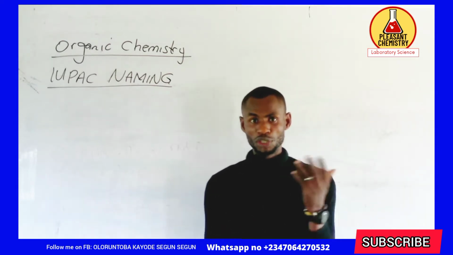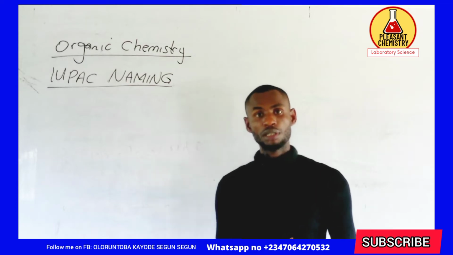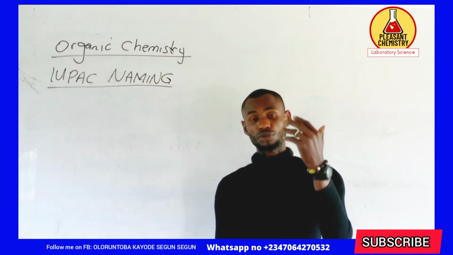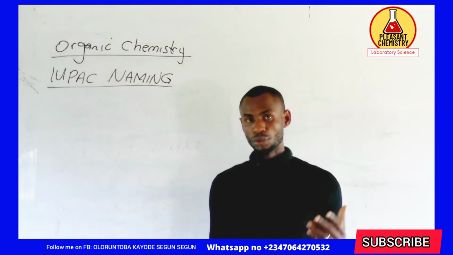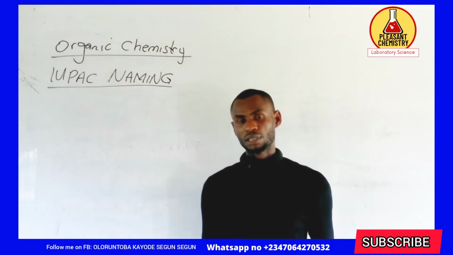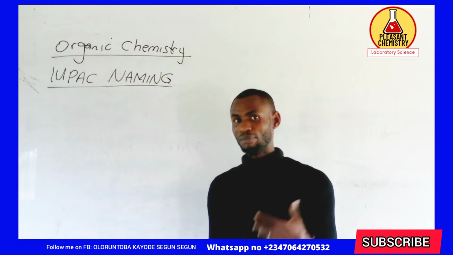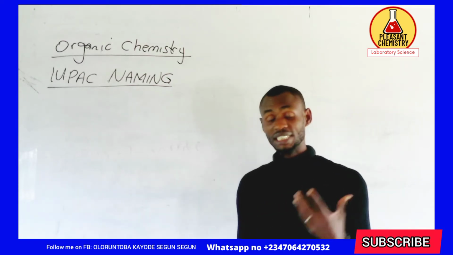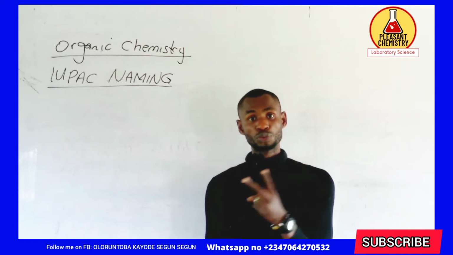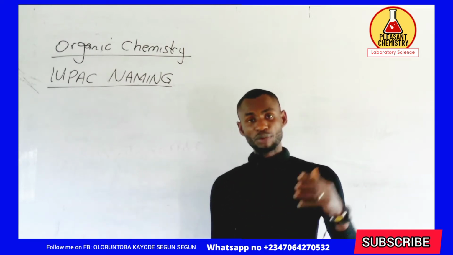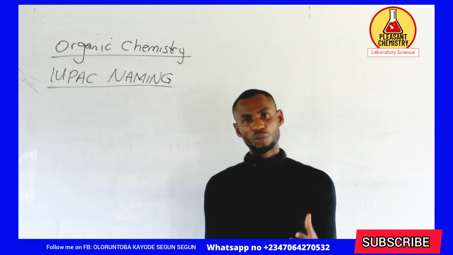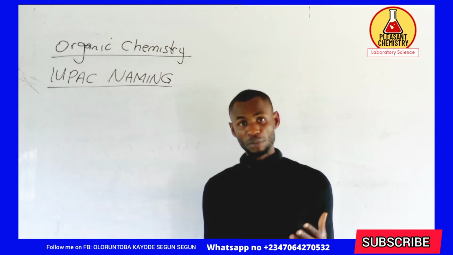And a short recap of what we did last week. I gave us rules of naming organic compounds. And in that, I made us to know that the name we give to organic compounds comes from two different parameters. One is the number of carbons that are present, and the second one is their family name.